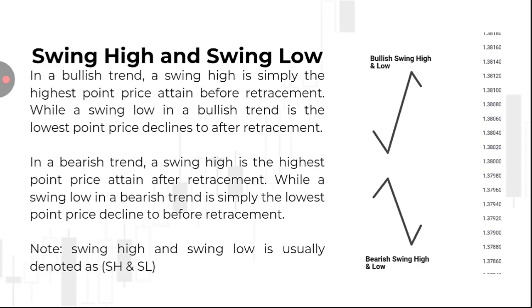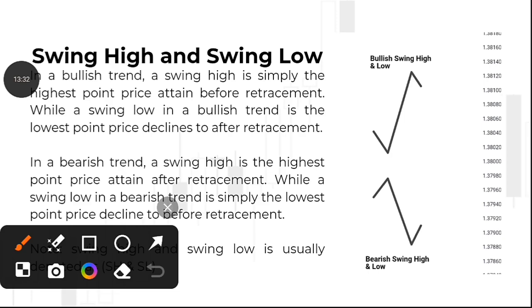Now for a bearish scenario, in a bearish trend, a swing high is the highest point price attained after retracement, while a swing low in a bearish trend is simply the lowest point price declines to before retracement. Remember I said a bearish swing looks like this. That is when price is moving downward.